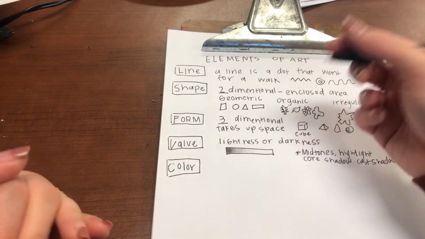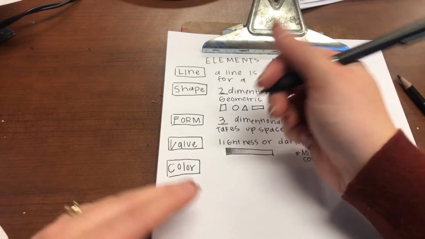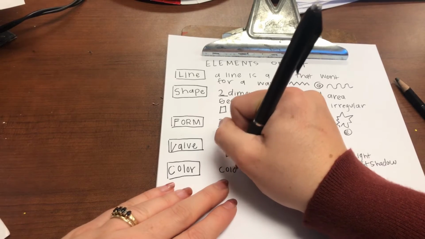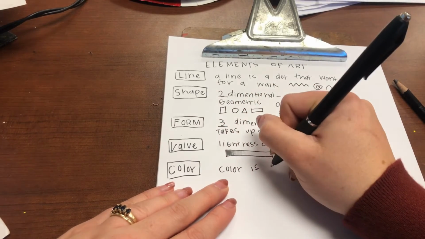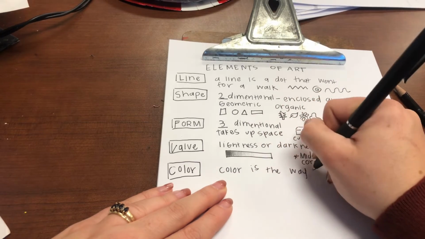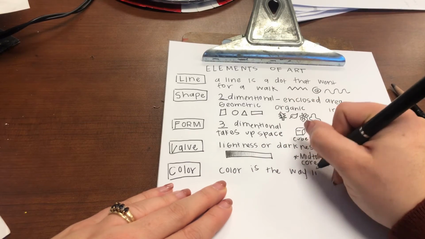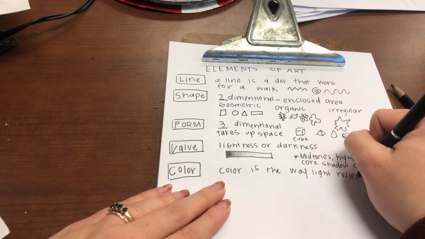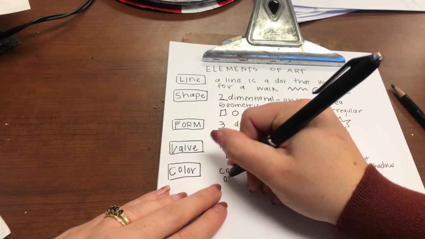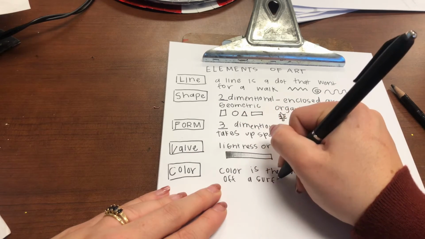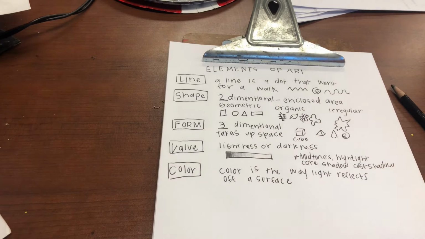It's the way that light is perceived off of a surface. You will have a few different color things that you really need to know.